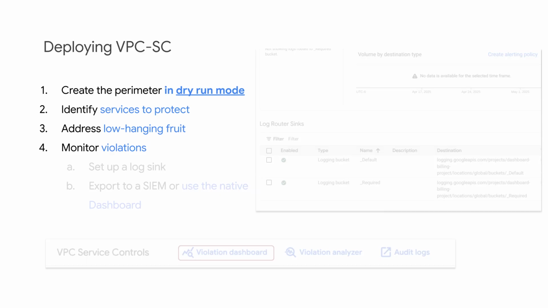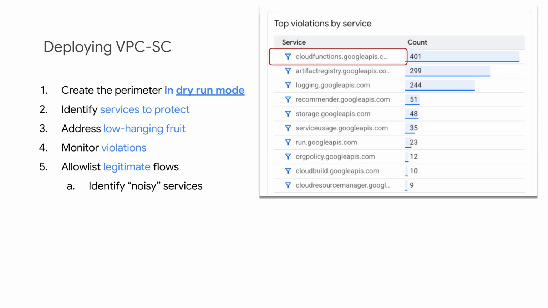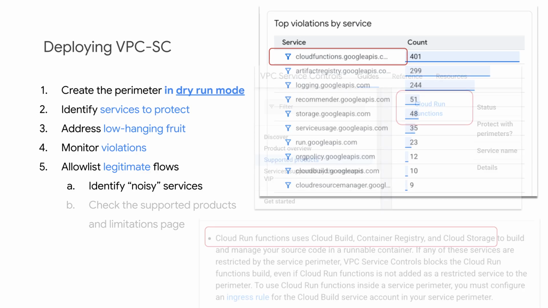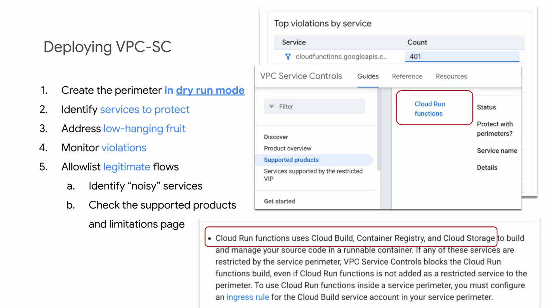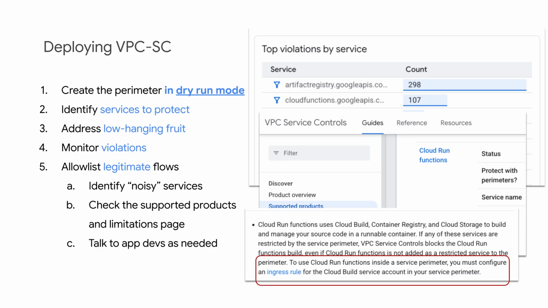Next up, you'll start allow listing additional legitimate flows. Watch our video on auditing and allow listing to get an idea how to go about this. But following the previous step and aggregating your logs will get you a pretty easy starting point. The TLDR is you want to identify the heavy hitters, then check the supported products and limitations page, and then talk to app developers if necessary to learn what their flows should look like.